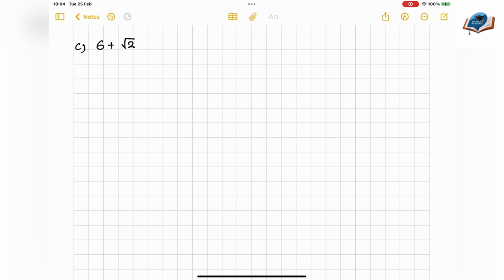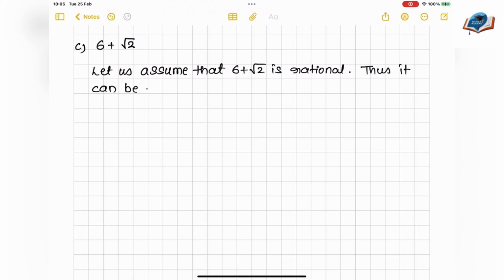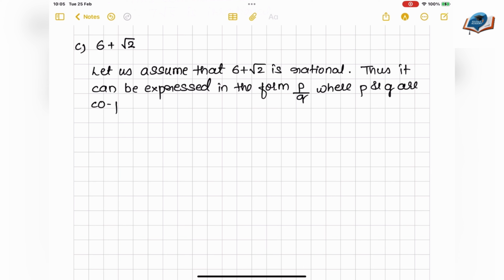Thus, it can be expressed in the form P upon Q, where P and Q are co-prime and Q not equal to 0.